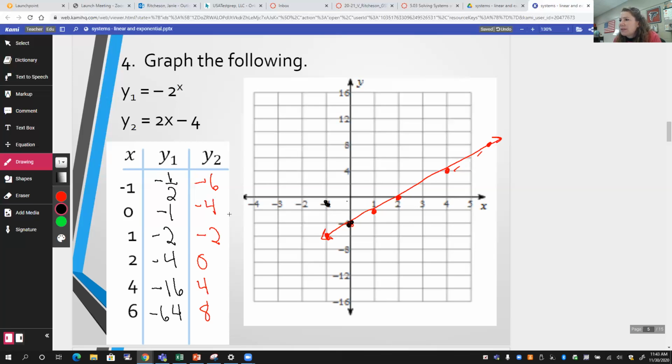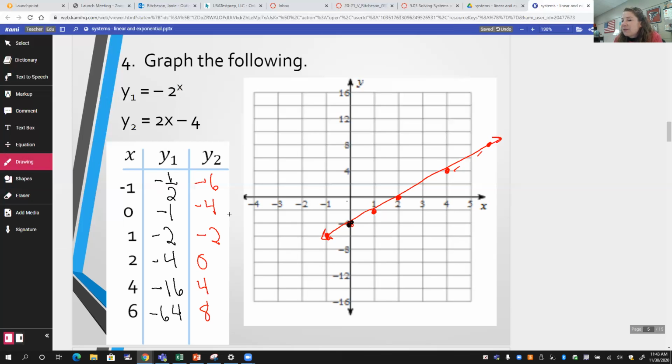I did do it wrong, didn't I? Oh, I graphed, okay. I did the red one first. Okay, I'm so sorry. So 0, -1 would be, that is -1. Oh my goodness, I got myself all confused. All right, let's start over.